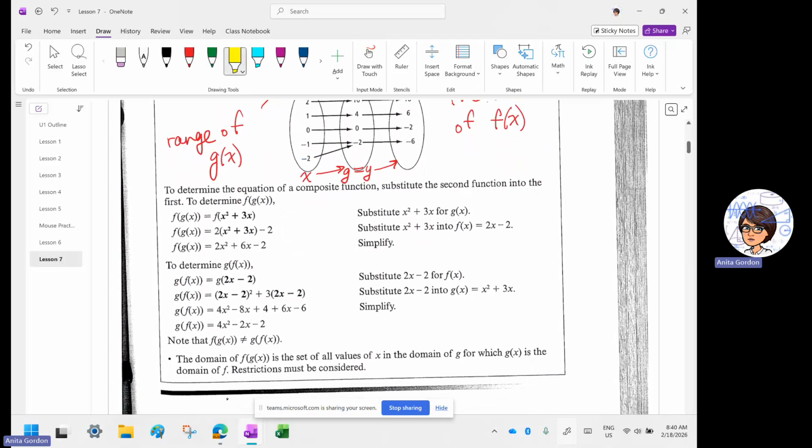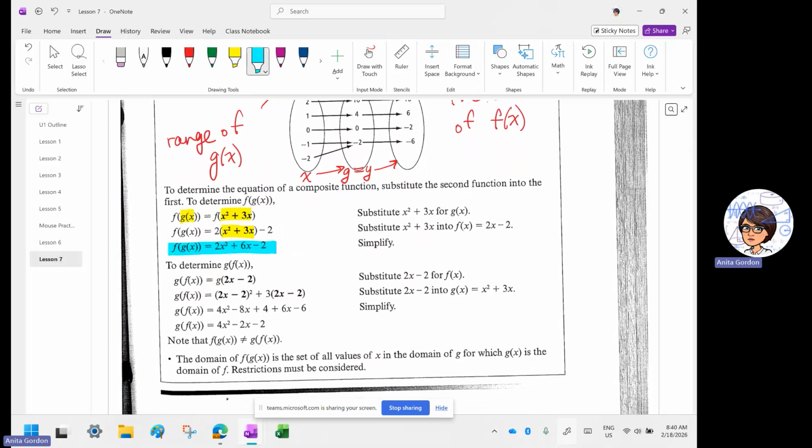So just as before, if we have the function f, we put g inside of it, right? We are substituting the original x with the entire function g. We distribute and collect like terms, and we end up with a composition function.